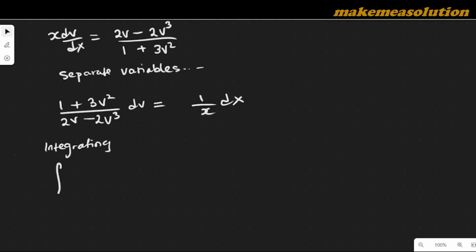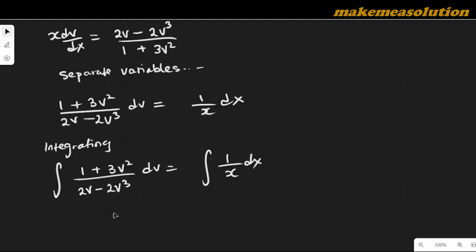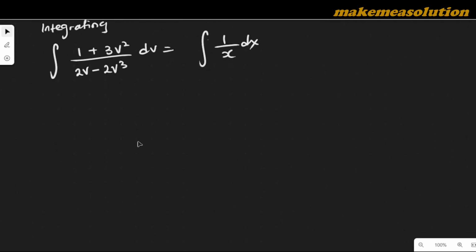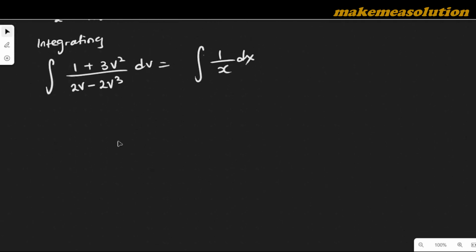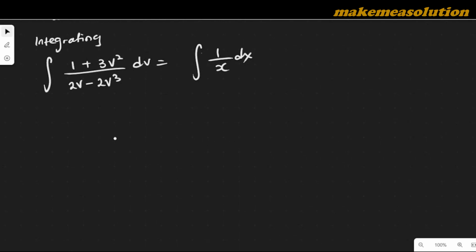I'm going to get the integral of (1 plus 3v squared) all over (2v minus 2v cubed) dv is equal to, what do you have? Of course, the integral of 1 over x dx. Alright, so let's move on from here and see what we're going to have.